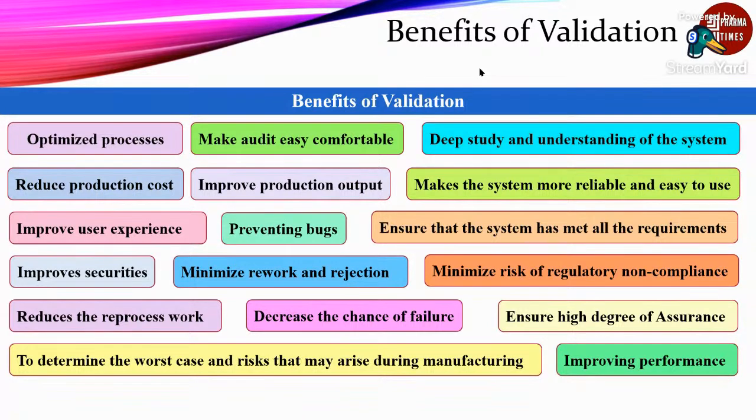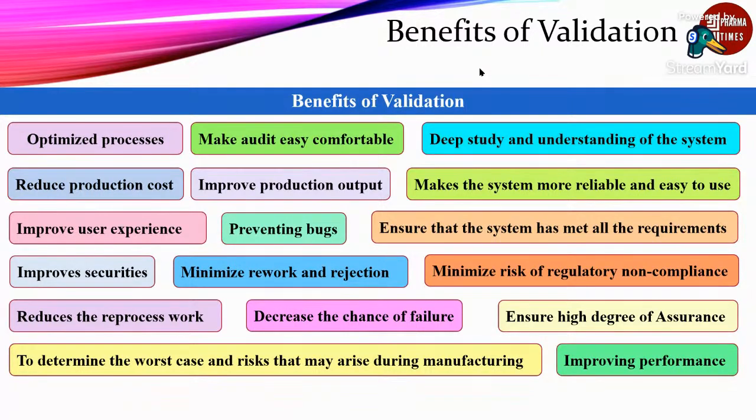Decrease the chance of failure during production. Ensure a high degree of assurance, meaning it complies with regulatory requirements and supports the quality assurance department. Determine the worst case and risk that may arise during manufacturing, by defining the pre-risk assessment.